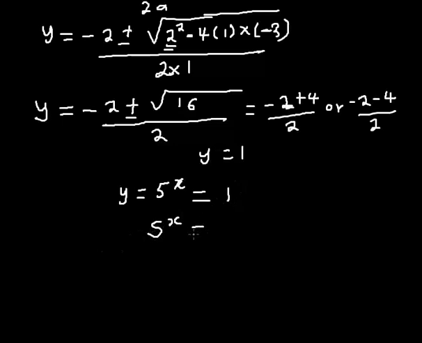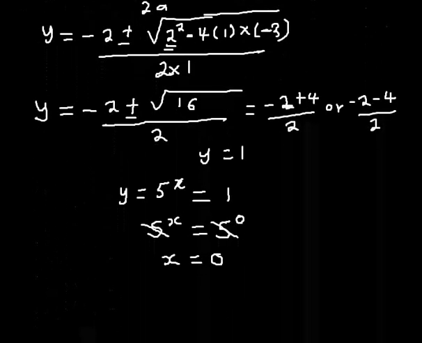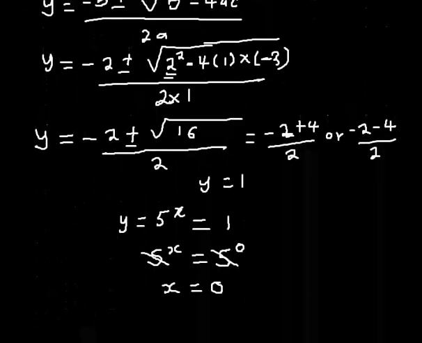So invariably now, 1 here, in an exponent, is 5 raised to the power of 0. 5 raised to the power of 0 is 1. So you know very well now that the base is the same both sides. So the base cancels out, so that my x is going to be equal to 0. So that is the substitution method.